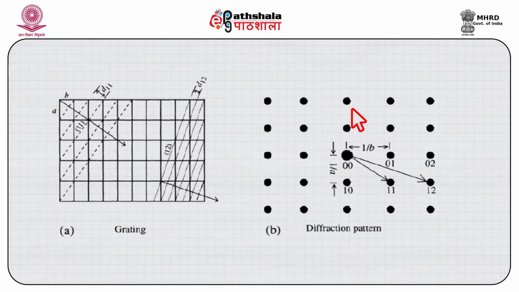For example, this is the distance which is the inverse of the B axis. The B axis is this, and we see that in the diffraction pattern it is the inverse of the B axis. The direction of the vector from the origin to a spot is normal to the spacing to which it refers. And the second point which we had observed earlier, that is the normal relationship, can be seen here.